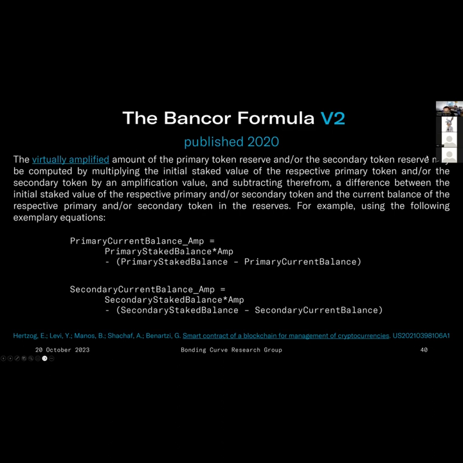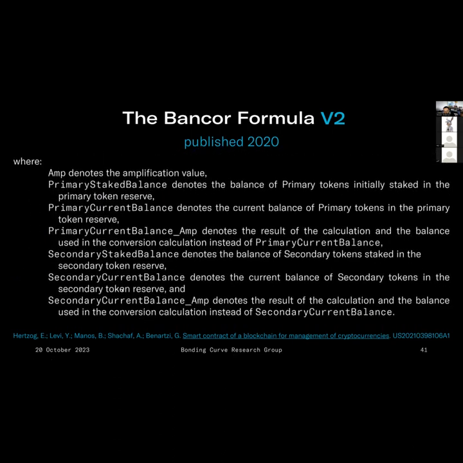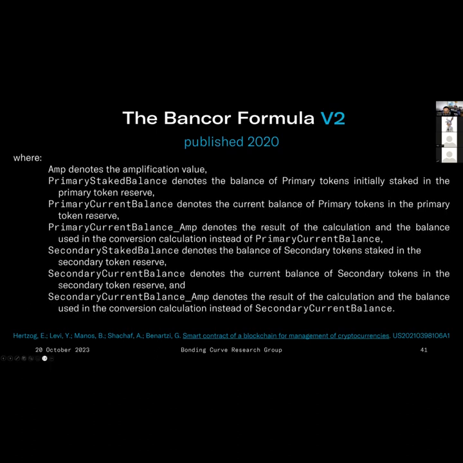So here we've got just a quick blurb that talks about virtually amplified token balances. It says that these are the formulas that are used to achieve it. And then underneath, it talks about what each one of these objects actually means. And some of these descriptions, again, I think they're a little bit lacking in detail.